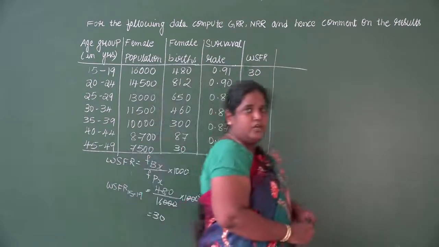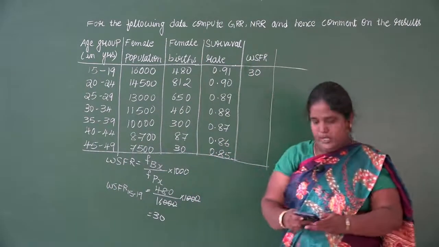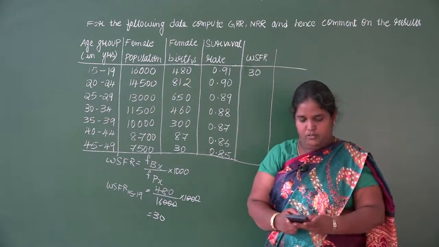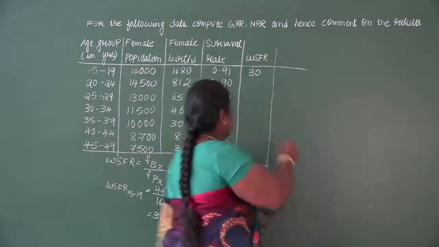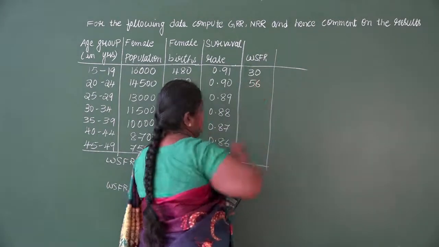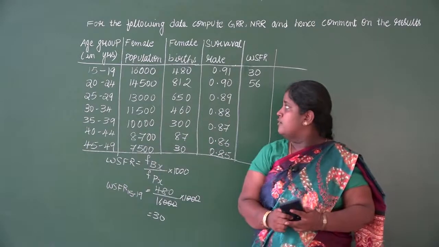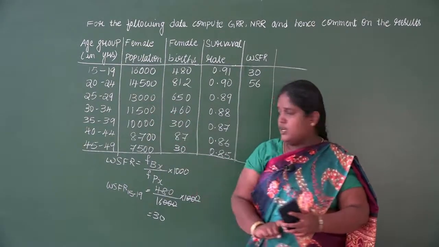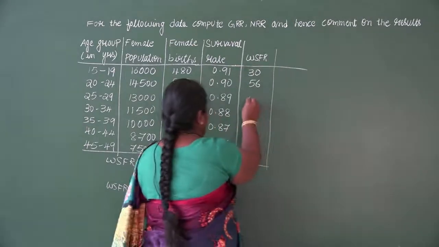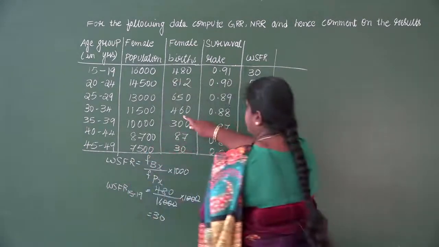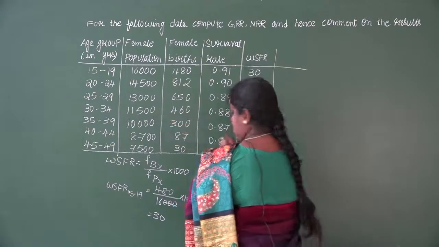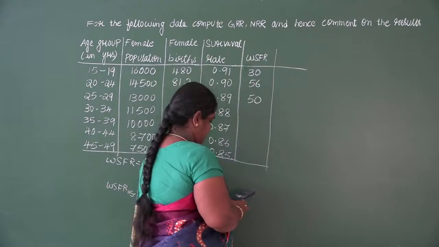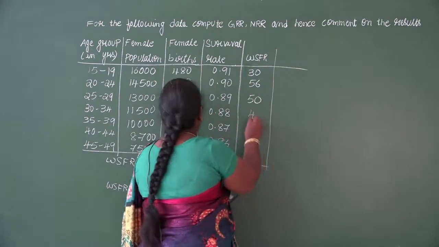Now for the second one it is 812 divided by 14,500. We will get 56. Then the third one, 650 divided by 13,000 into 1000, it is 50. Fourth one, 460 divided by 11,500 into 1000, will get 40.